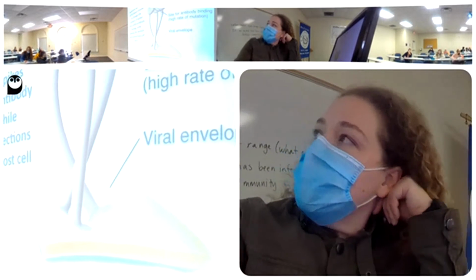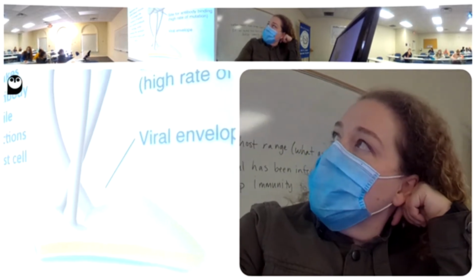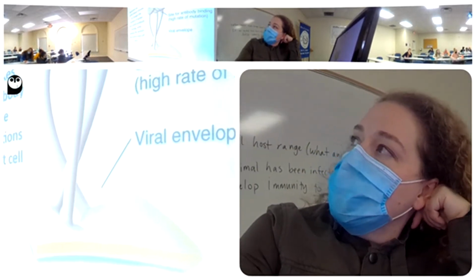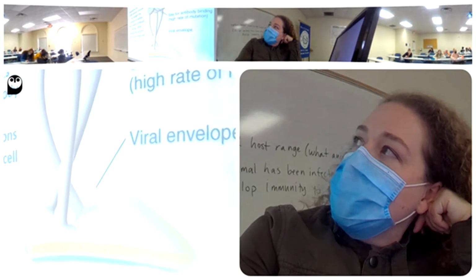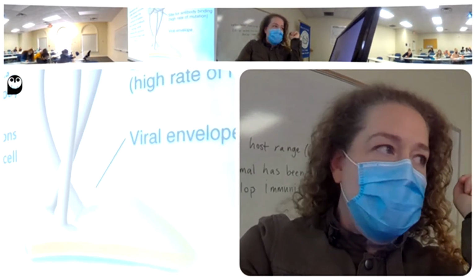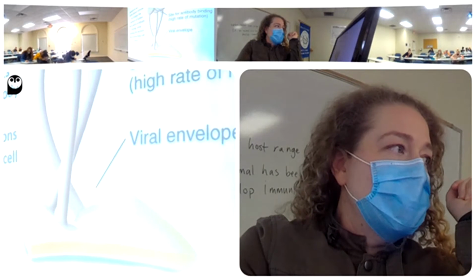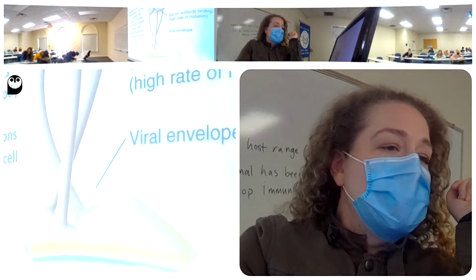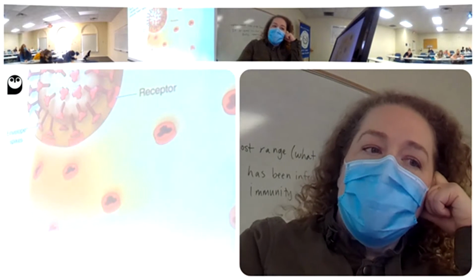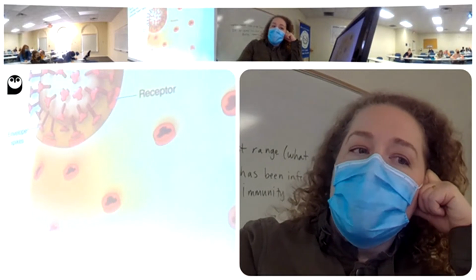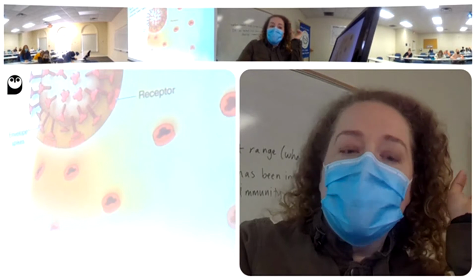These spikes have a certain region in the purple that lets them bind to the human receptor. So this region right here would be the part of the spike that binds to the human receptor, that allows attachment.